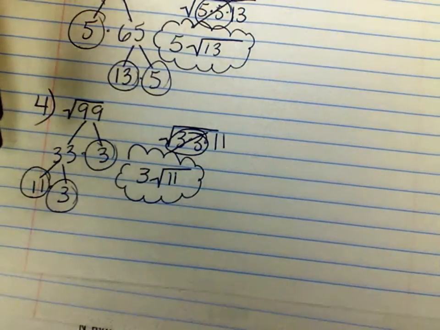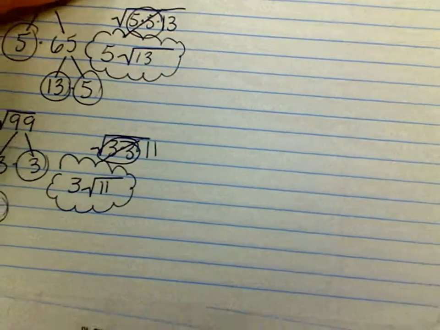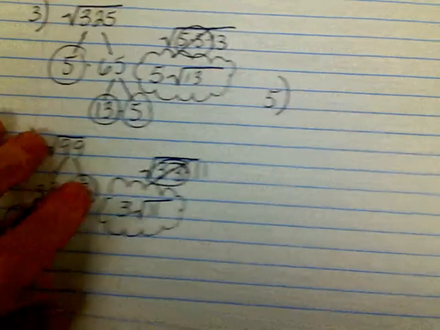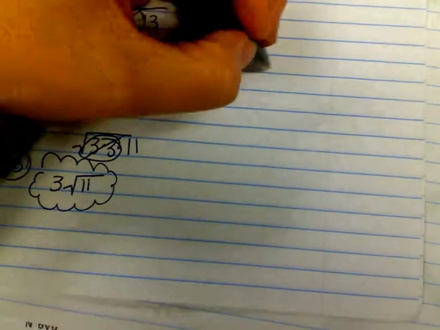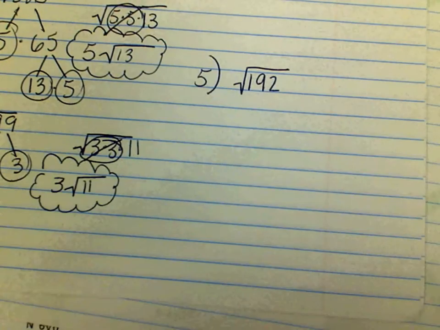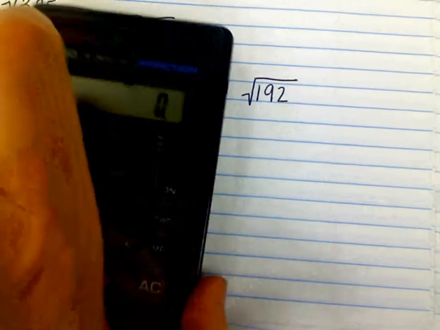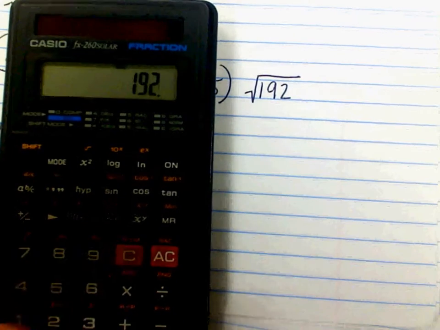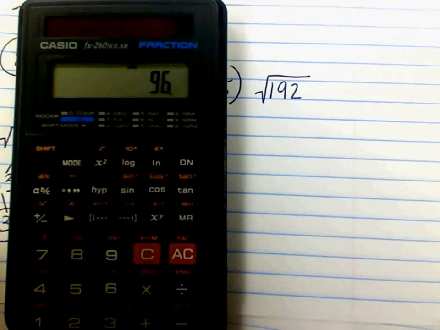Okay. Last one, number 5. Is the square root of 192. Let's try dividing by 2 for this one. 192 divided by 2, 96.